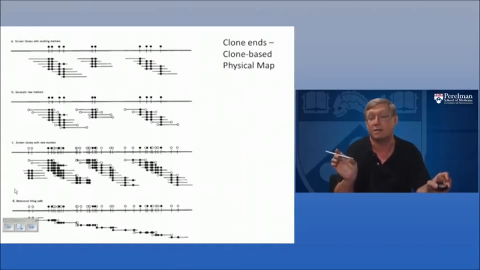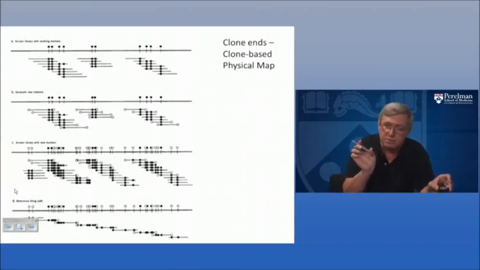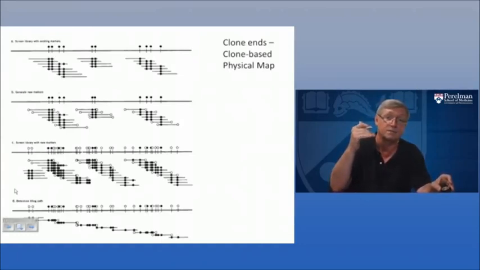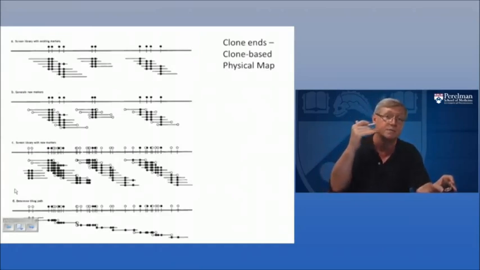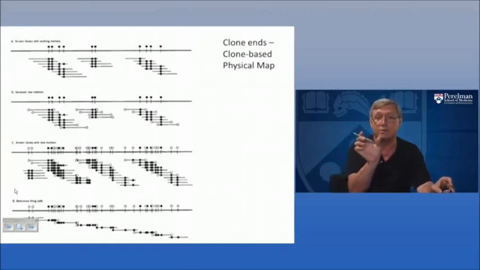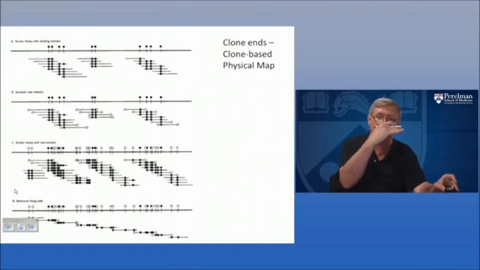Typically, that fragment is defined in length so that you can map your landmarks to those different clones, and by identifying pairs of markers that lie within individual fragments and entire sets of markers that identify fragments that are covered by some markers on one fragment, other markers on another fragment, and the shared region by a third set of markers that cover both fragments, you can build up overlapping sets of clones and ultimately come up with what's called a minimal tiling path of clone fragments that reconstruct the original chromosome region that was cloned.